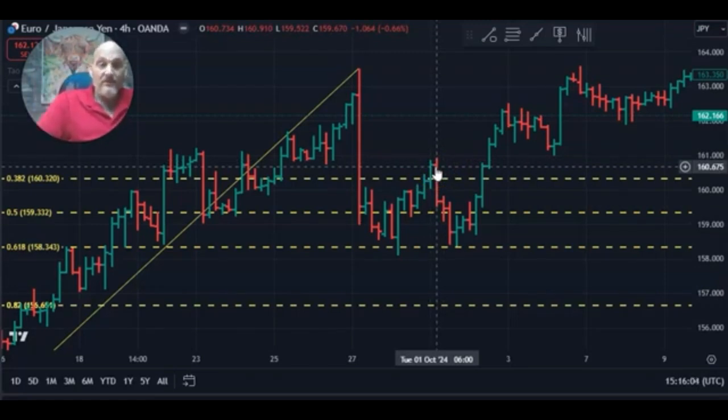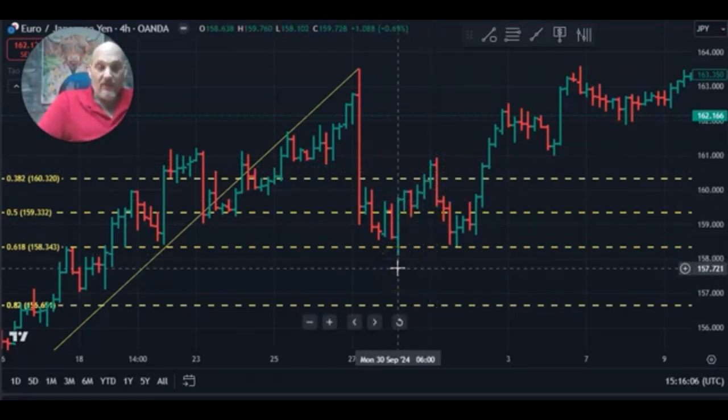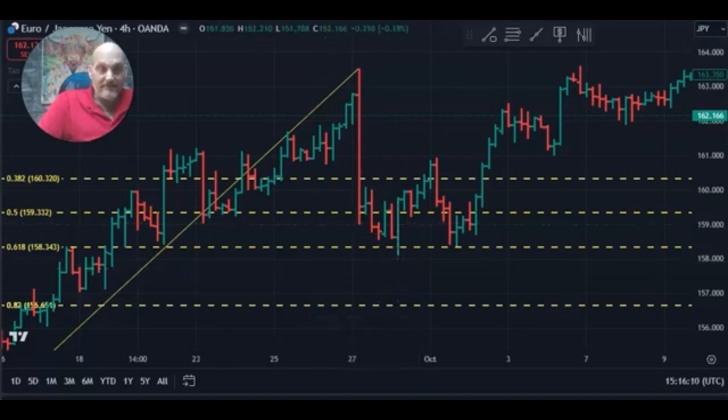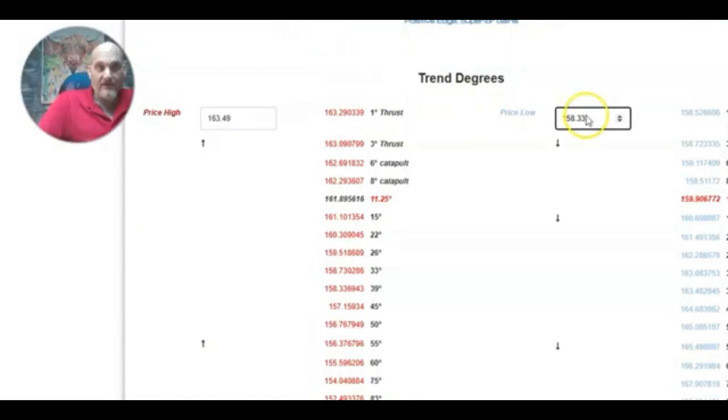So what I would do is I would take the low, 158.10, I would go to my trend degree calculator and I put in my low, 158.10. And I'd start to look at what point we can get up to where I could take profits.